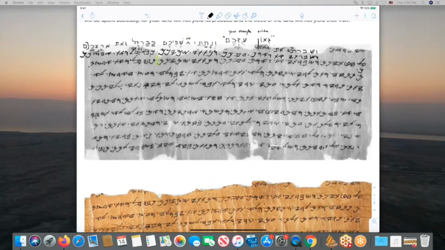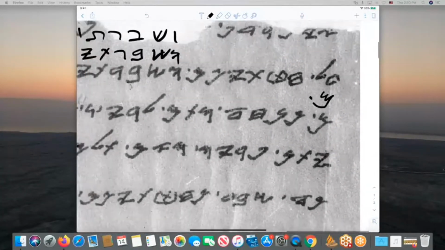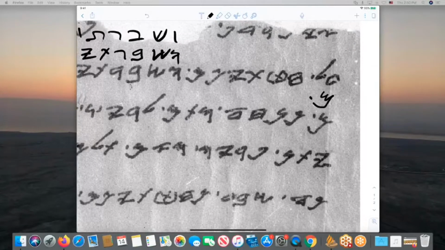And then the last word of verse 19 is kanechusha, which means I will make your earth as bronze. So this mem here is the end of your eretz, and then we have kaf, nun, a chet, and then a hey.